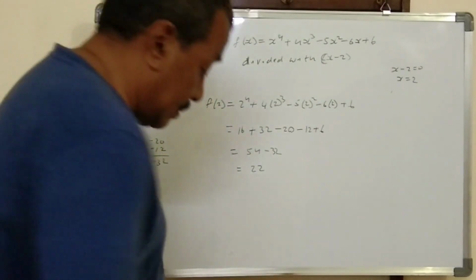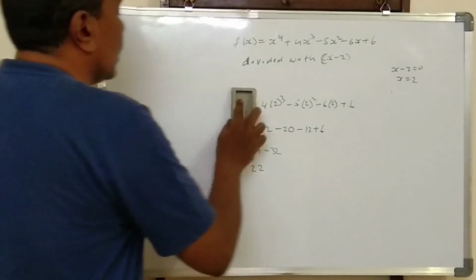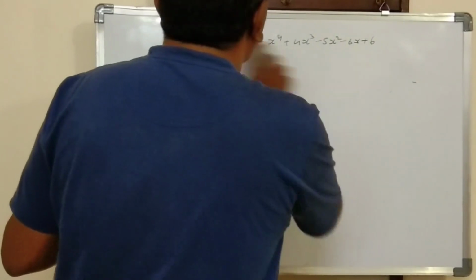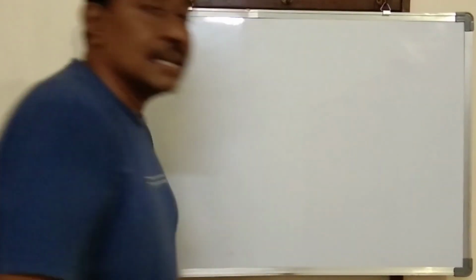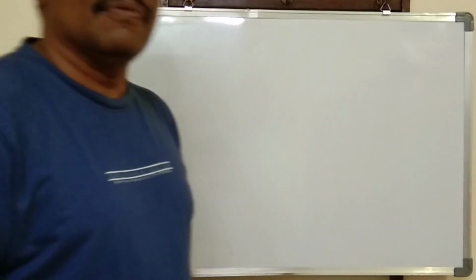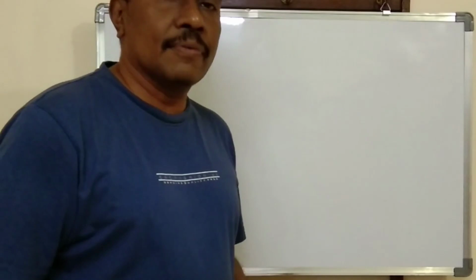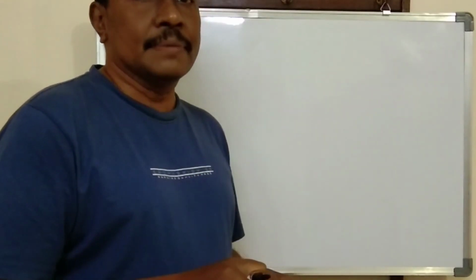So from this, what did you understand? Once again I repeat the factor theorem. f(x) is a polynomial of variable x whose degree is greater than or equal to 1, and a is any real number.